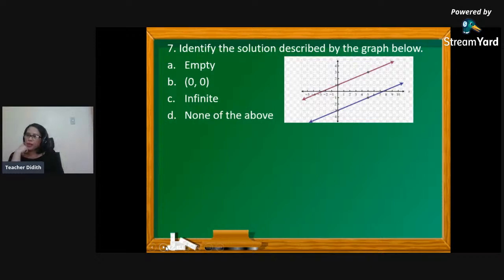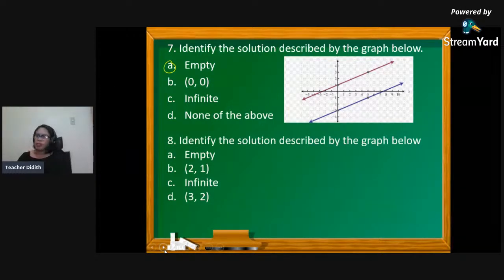I've seen the same answer. And that's the correct answer. It's A. Because the system is inconsistent and the graph is a pair of parallel lines. And in the previous discussion, you learned that the solution is empty. You're correct.